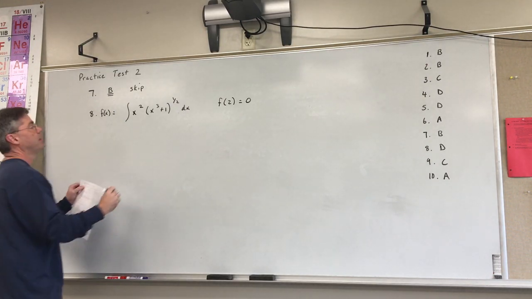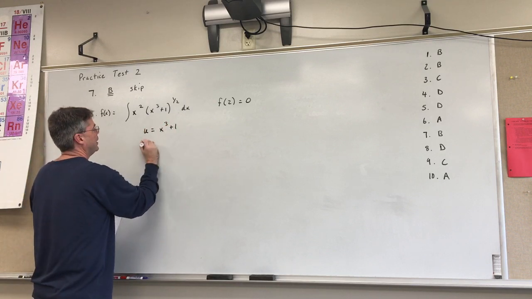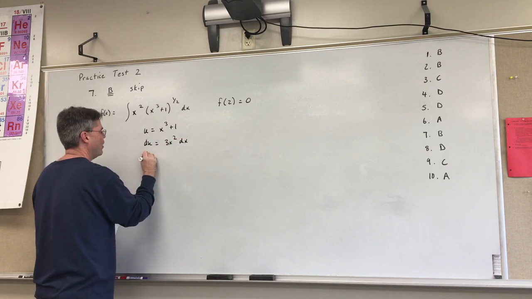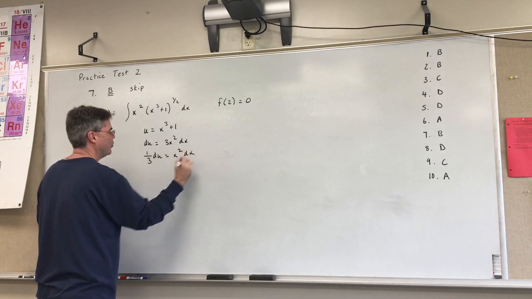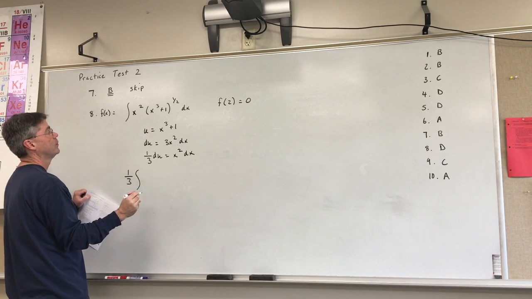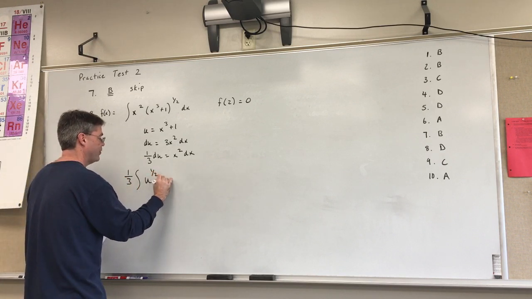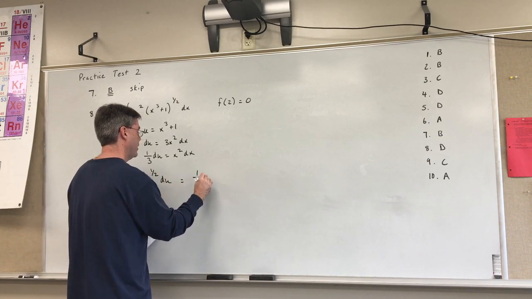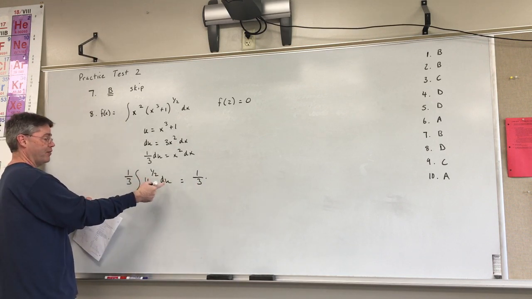All right, well, this is u substitution. Let's let u be x cubed plus 1. du is going to be 3x squared dx. 1/3 du is equal to x squared dx. So we can rewrite this integral with 1/3 out front, and then I would have u to the 1/2 du. Then you're going to make that u to the 3/2 when you add 1.